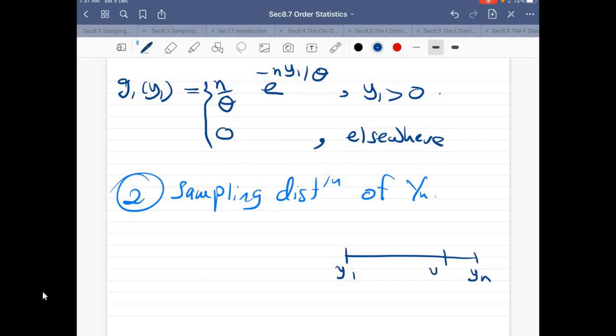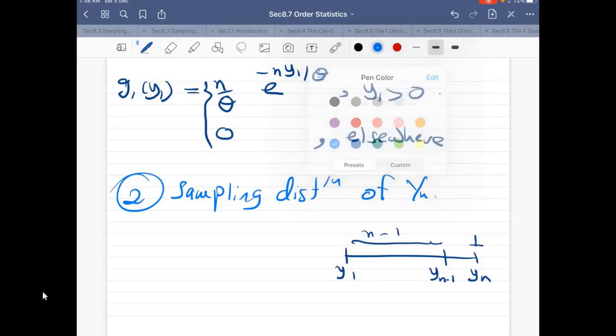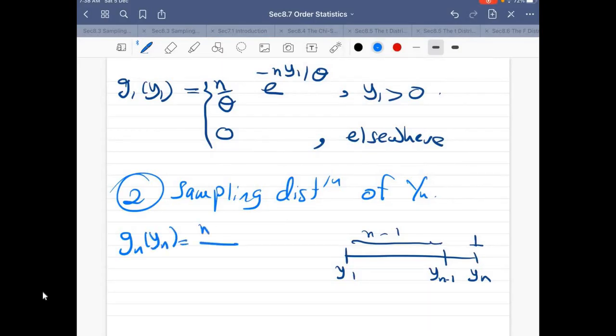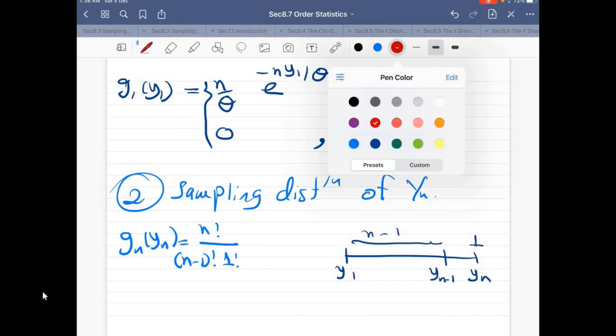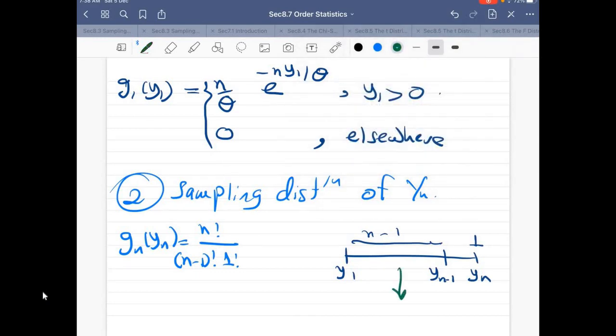Now, I want to have the distribution of the yn up to yn minus 1, and then I have here n minus 1 random variables, yn counted as one variable, total n variables, and density here of yn, gn of yn will equal to n factorial divided by n minus 1 factorial into 1 factorial. For this set of variables, they are all less than y sub n. Okay, all of them, they are less than y sub n.